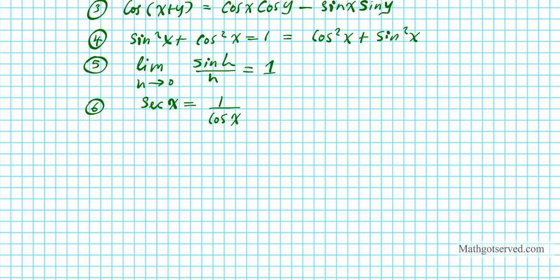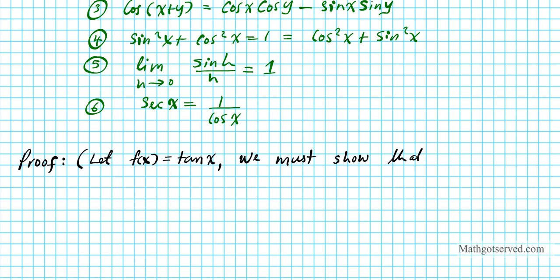All right, so the proof. What are we trying to prove? Let's state our objective first. Let f of x equal tan x. We must show that the derivative of tan x equals secant squared x. If I can show that, then I'm done.